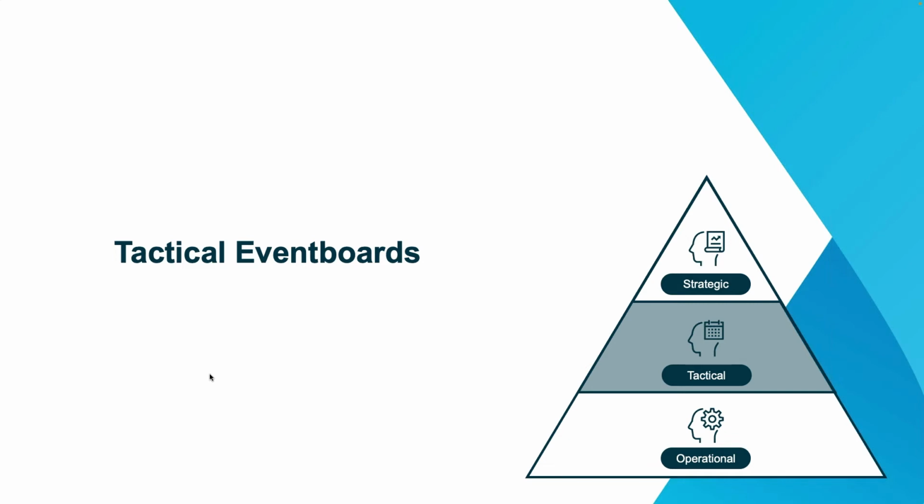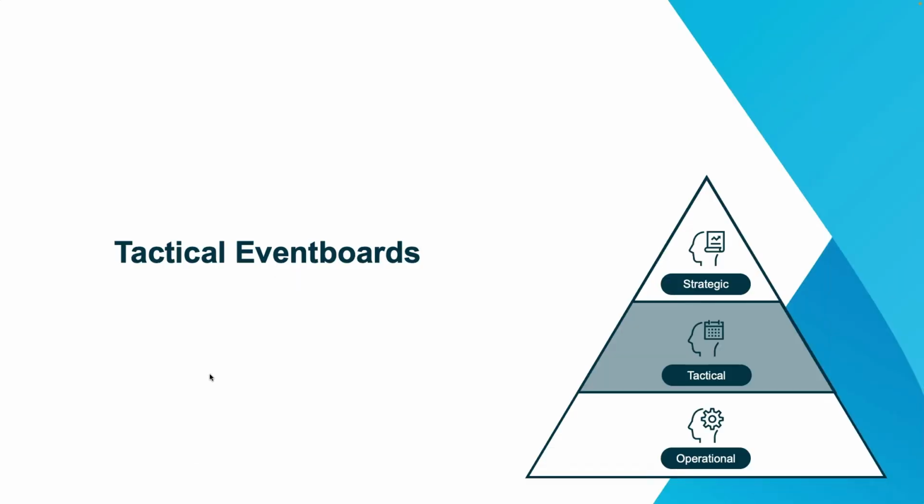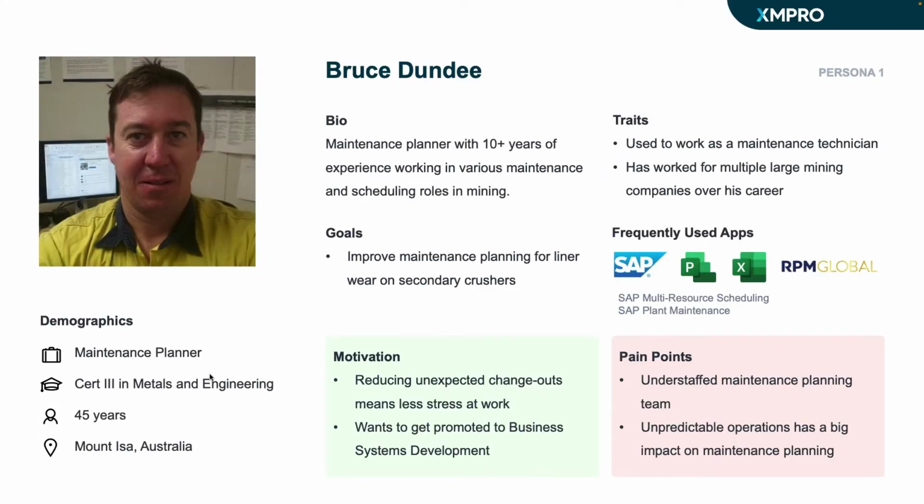When we look at it from a tactical perspective, and the connection between all of this, there's a user story for the executives here. Likewise, at a tactical level, I'll start with a user story. So Bruce Dundee, good Australian, his role is a maintenance planner.